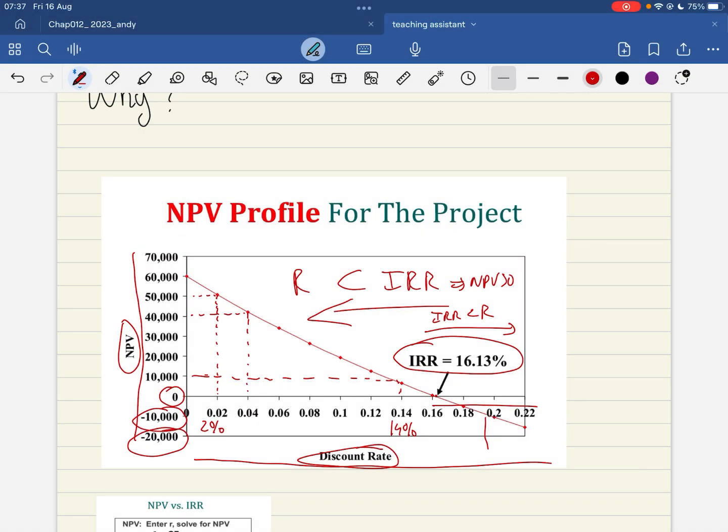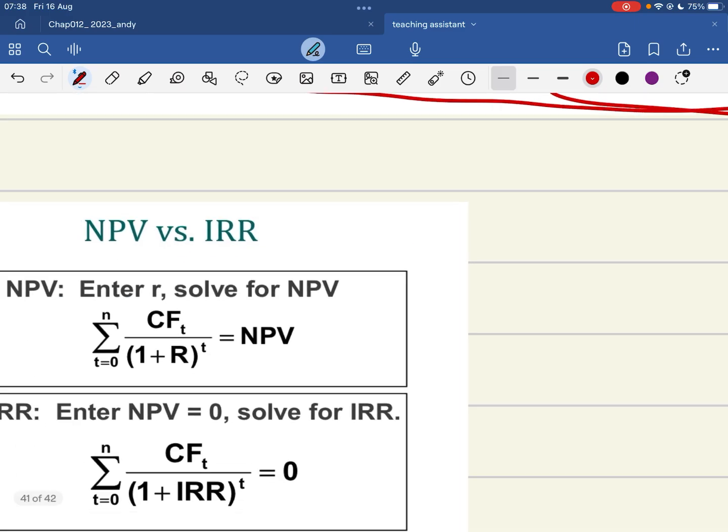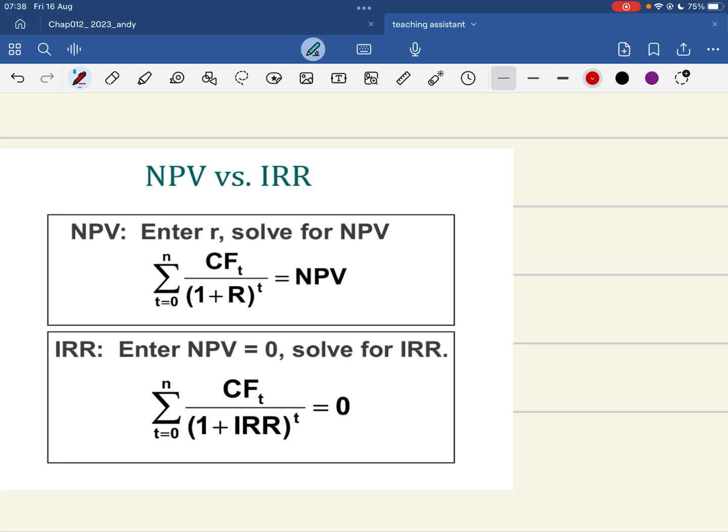In other words, if the IRR exceeds the required return, it indicates that the investment is expected to generate returns higher than the minimum acceptable threshold. This suggests the investment is potentially more profitable than the alternative options. And here comes the formula of IRR. For NPV, if we use the BA calculator or anything, we enter the R and we solve for NPV.